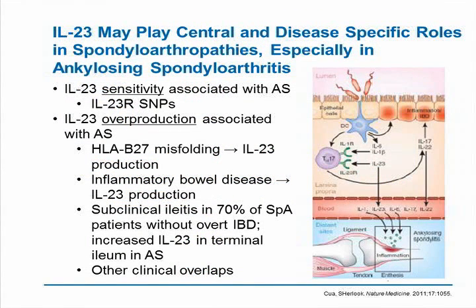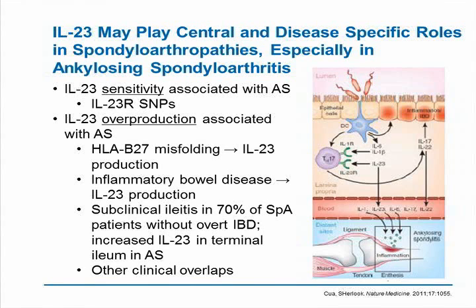All right, so focusing more in on how this may all relate to the specific pathogenesis in ankylosing spondylitis, we know that ankylosing spondylitis appears to be associated with a variant of the IL-23 receptor more common in ankylosing spondylitis patients. This may be elicited by B27 misfolding.